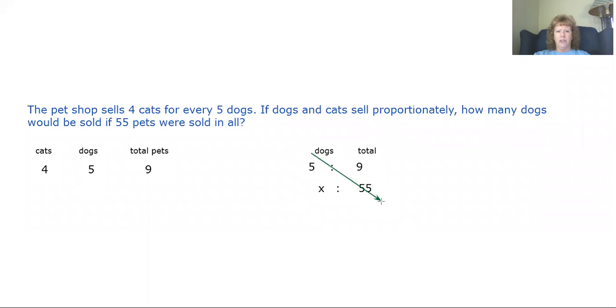So when I cross multiply, I would get 9x, and 5 times 55 is 275.